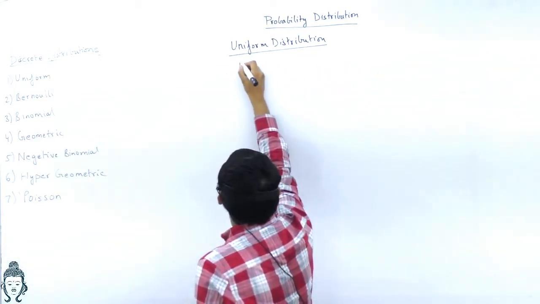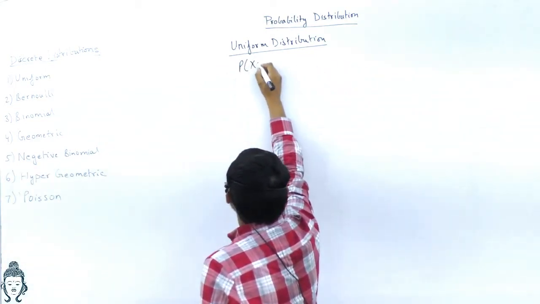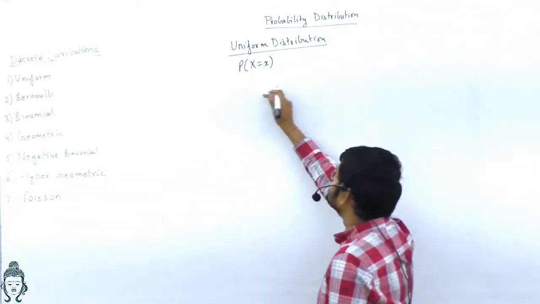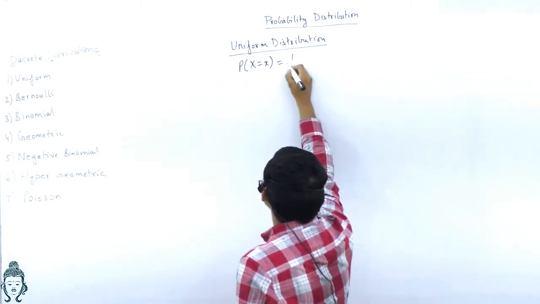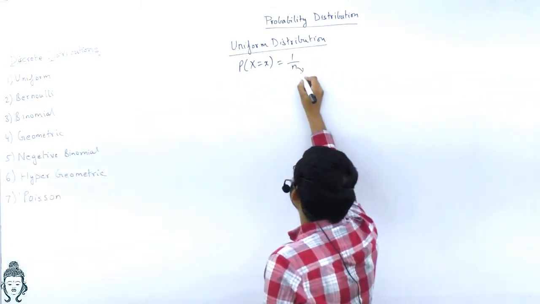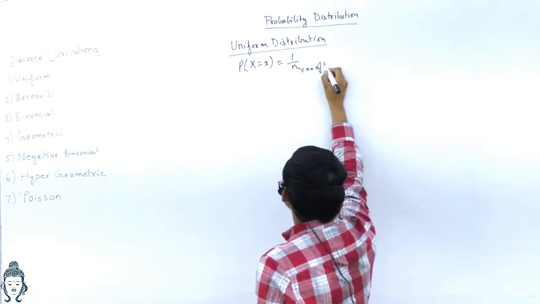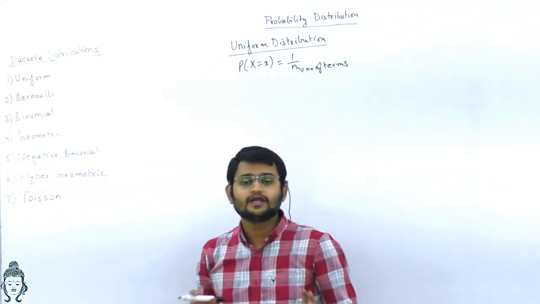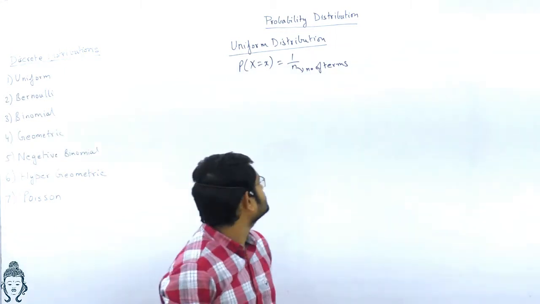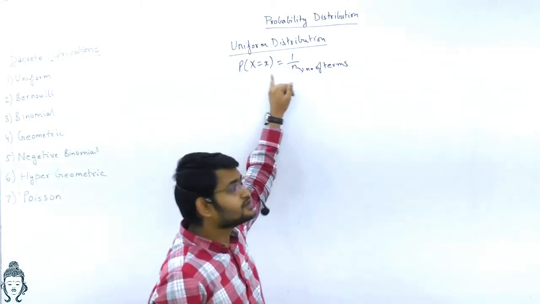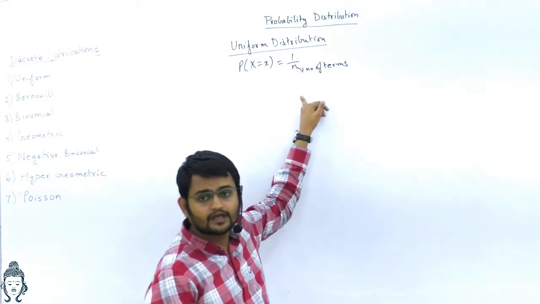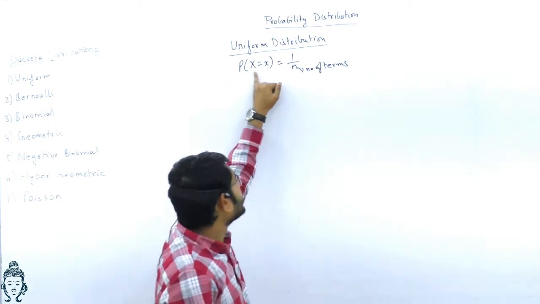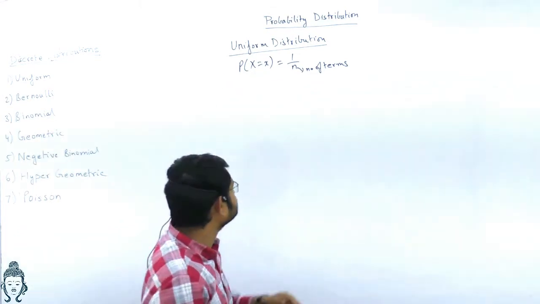So we say the probability of a particular value small x of this variable x is equal to 1 by n, where n is the number of terms. In this we can have many different values of x, and each of them will have probability 1 by n, that is 1 divided by the total number of terms of the variable x.